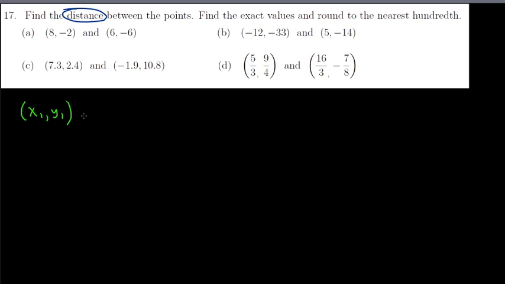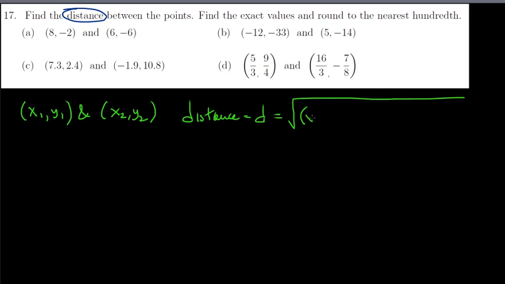We have 2 points, let's say x1, y1, and another point, x2, y2. The distance between them, I'll just call it d for distance, is going to be the square root of x2 minus x1, quantity squared, plus y2 minus y1, quantity squared. Okay. So we're just going to plug in all these numbers into the distance formula, right?